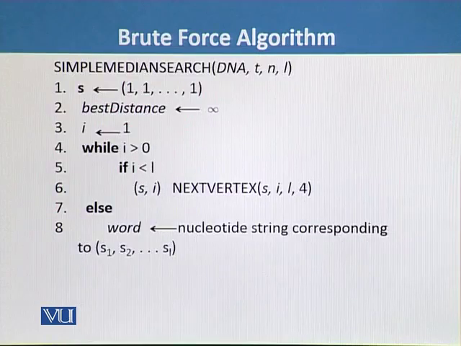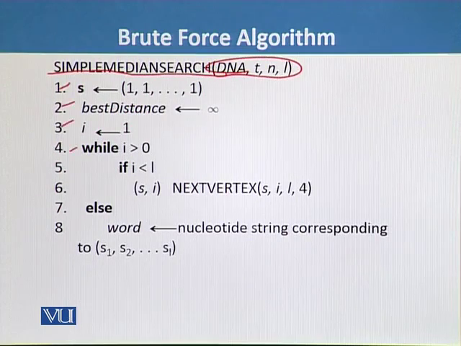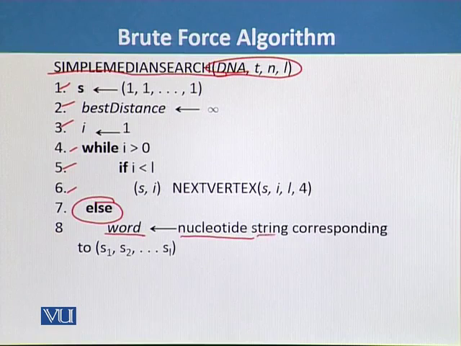So this is the simple median search algorithm, and the same conditions we have discussed earlier, and here we can see the same steps we have already discussed. From here the else condition will be applied, and we will assign the word to the nucleotide string corresponding to s1, s2 up to sL.